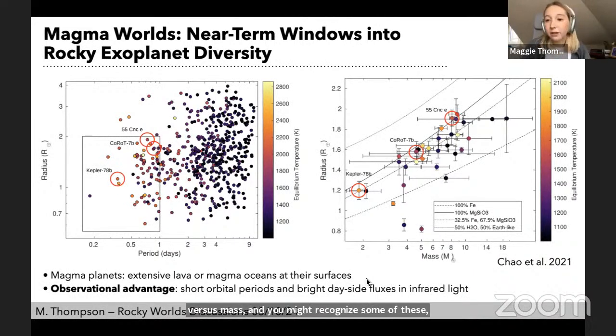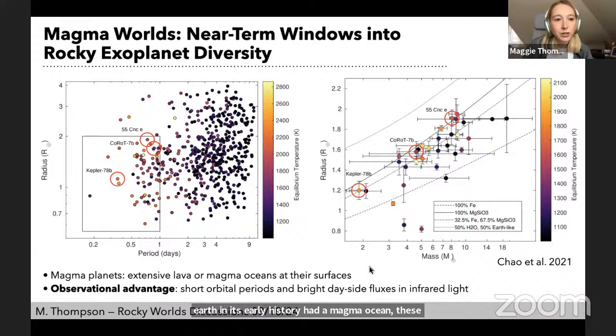In particular, 55 Cancri E has been observed recently with JWST, with some detections of different carbon species in the atmosphere, and many more are currently and going to continue to be observed with JWST. And these are exciting because they give us a window into rocky planets and what their atmospheres might be like. And they also can present us with an analog for trying to think about the early Earth. When Earth in its early history had a magma ocean, these worlds give us a window into that earlier period in our planet's history.